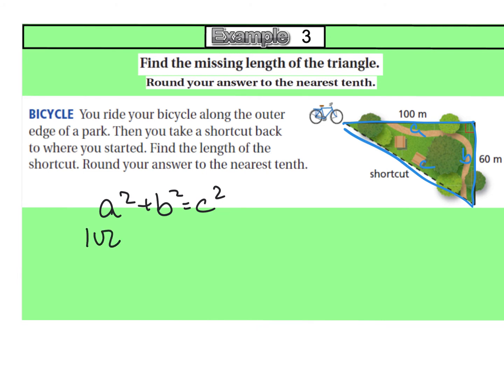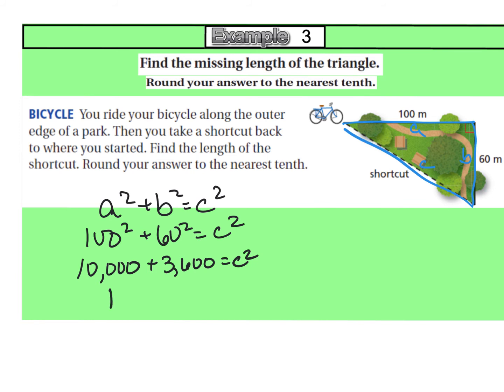We have 100 squared plus 60 squared equals C squared. So 100 squared, make sure you use a calculator if you have to, is 10,000. 60 squared is 3,600. That equals C squared.